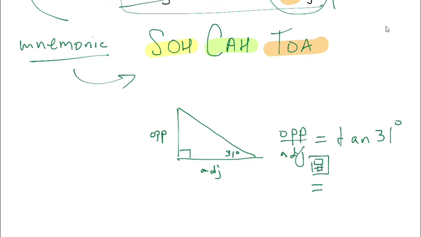and I will find out that that is equal to, I believe, hold on, making a mistake, getting out my calculator. Watch me do this really quick. What is the tangent of 31 degrees?